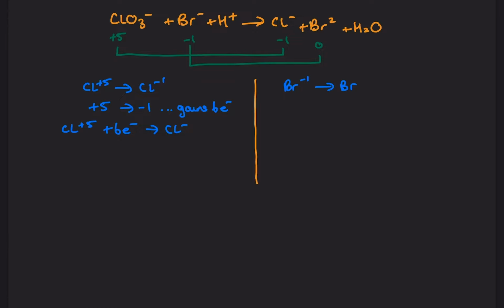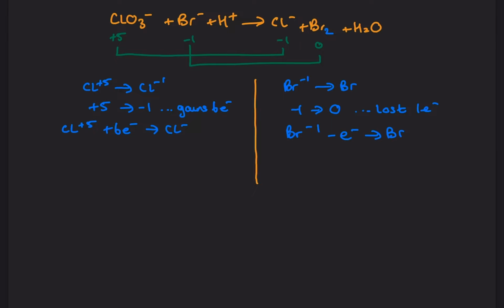Sorry, that should be not squared, but down here. Okay, so with the no charge, that's going from a -1 to a 0. So what's happened is it has lost 1 electron. So you can already see the ratio that's happening here. So I'll just write the half reaction for you. Okay, so there we go.